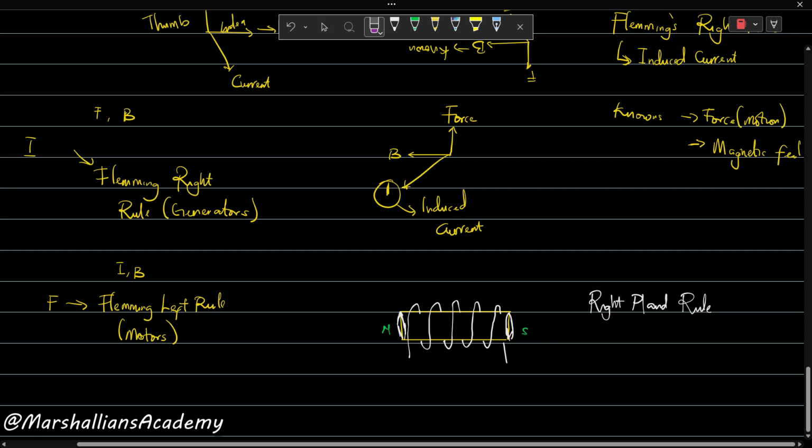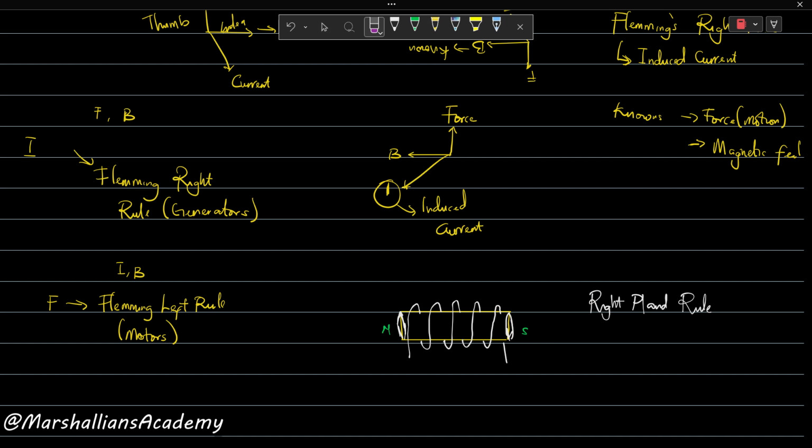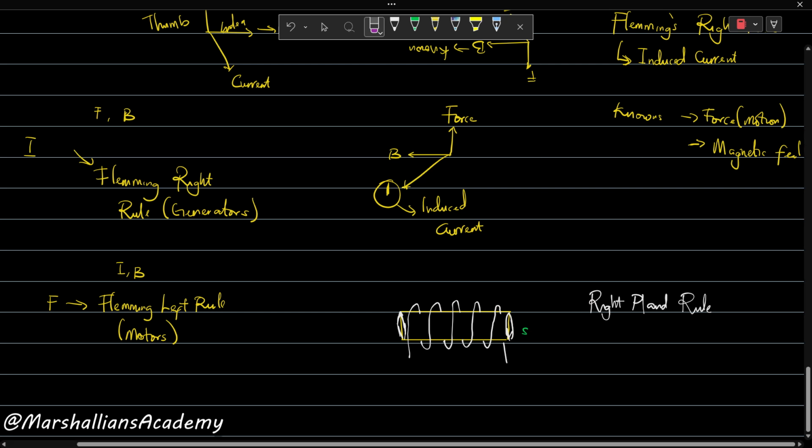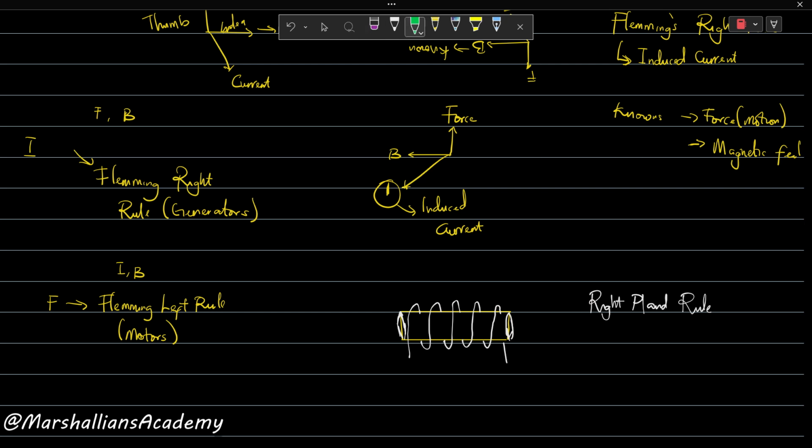Therefore, if current flows from behind the coil to the front of the coil, automatically the polarity of the magnet is going to be north here and south here.